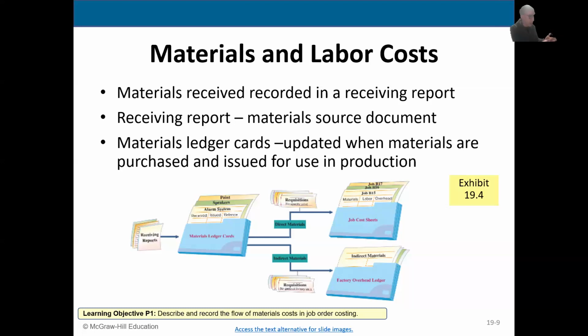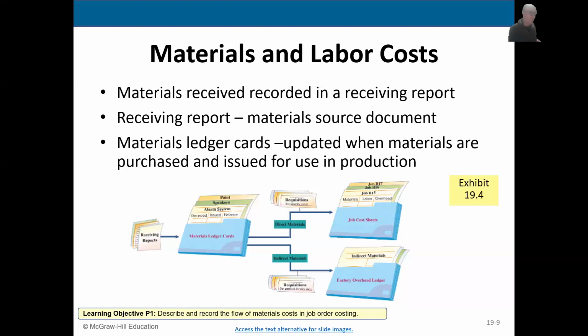It tells you the exact quantity of each raw material that we ordered. Right? And you do a physical count and match it up. That's your receiving report. It's called a material source document, same thing.